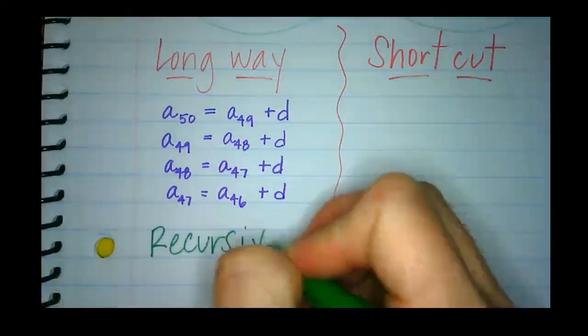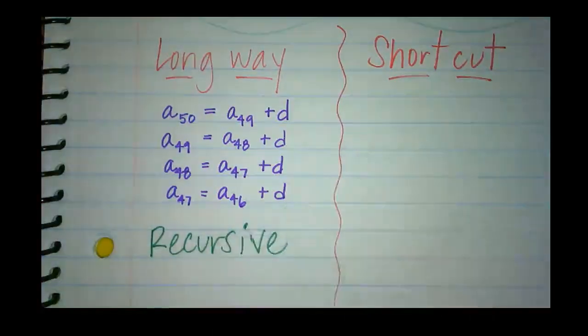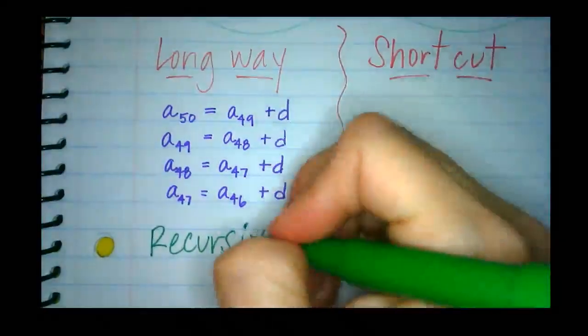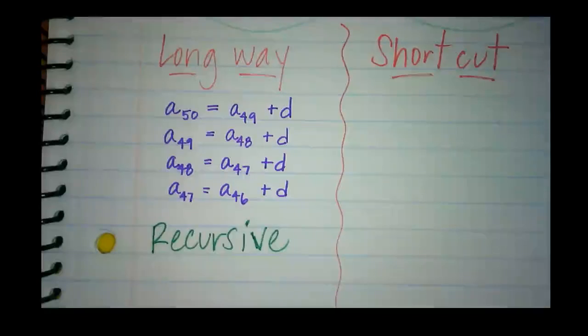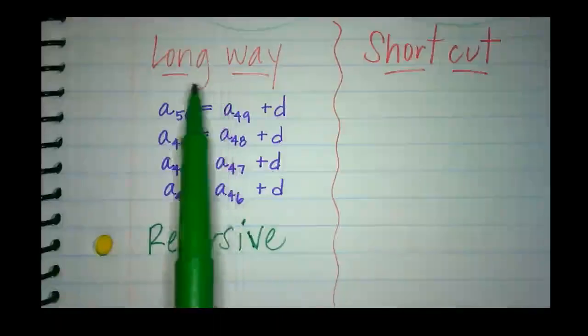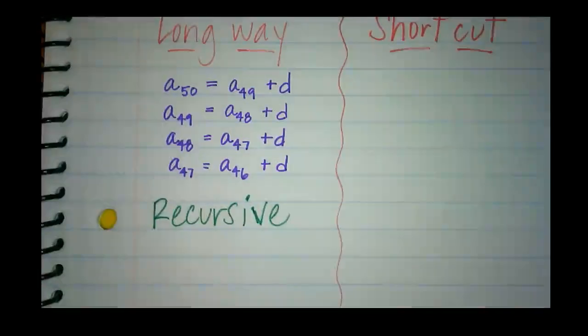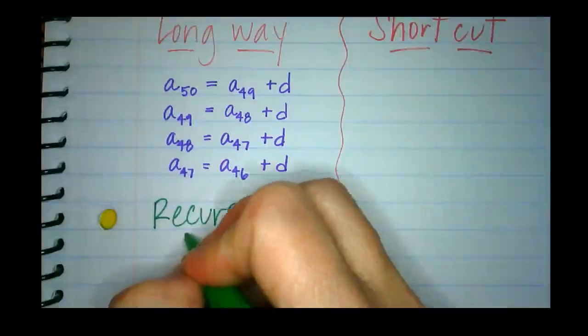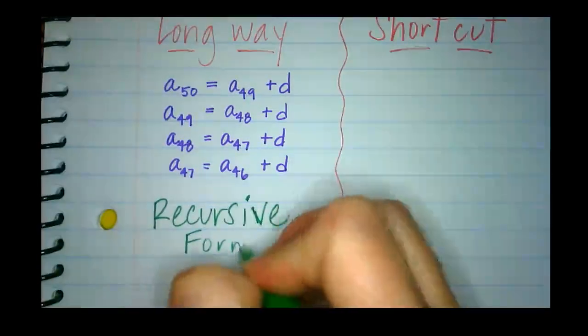If something recurs, that means it happens over and over again, which is basically what we're doing. When we do the long way, we're constantly adding the common difference over and over again. So this is called the recursive form.